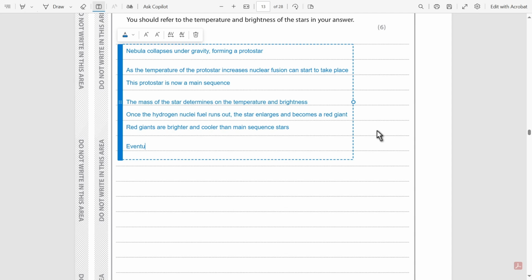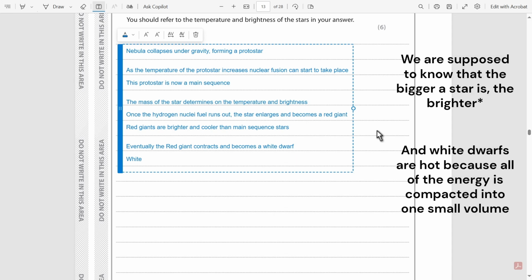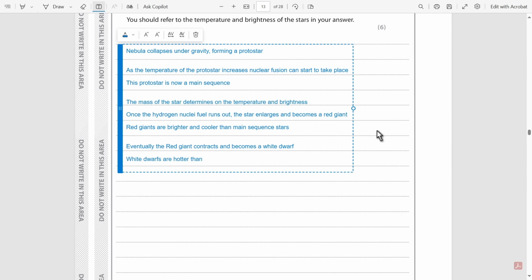Eventually, the red giant contracts and becomes a white dwarf. So the white dwarfs are actually hotter than red giants, but they are less bright than red giants. It's weird, isn't it? But I guess it makes sense when you do A level. I guess, I don't know. That's what I'm hoping. White dwarfs are usually hotter than most.